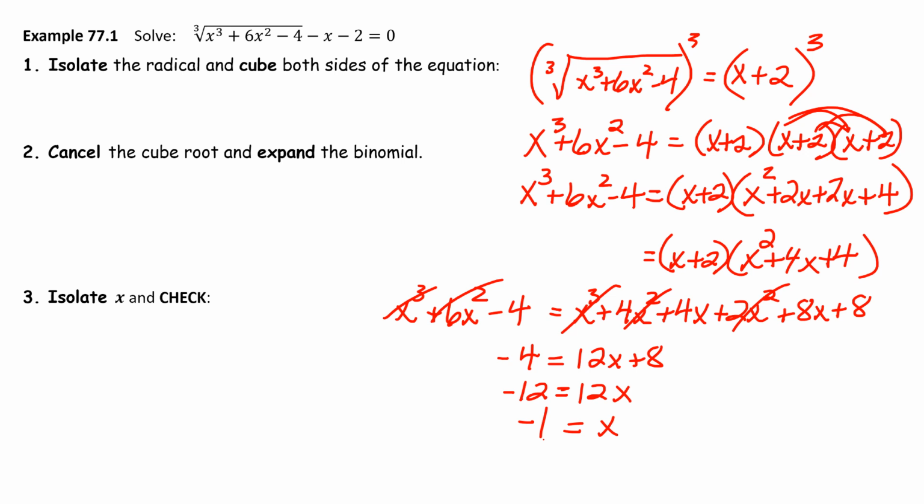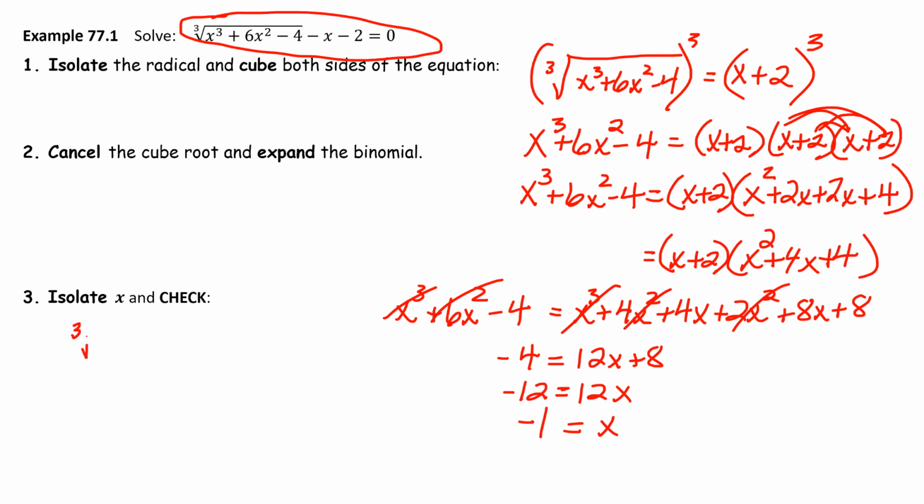So this is the answer we get, negative 1, but we can't just say, okay, let's go on our merry way. We have to check it. We have to make sure that that actually works in the original equation, which is this equation, before we ever squared both sides. So let's plug in negative 1 and see if it works.